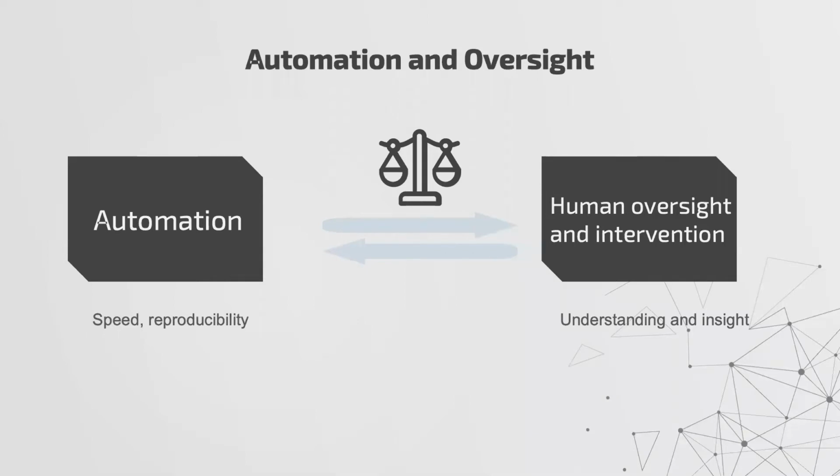And that comes from our understanding and our insight about the processes that are happening that the automated system doesn't have. So it's always this balance between doing things super fast with super reproducibility, and having the ability to inspect things and to make sure that it's doing what you want it to do. So just to keep that in mind, we will show a whole bunch of automation, but how far you take that is up to you.